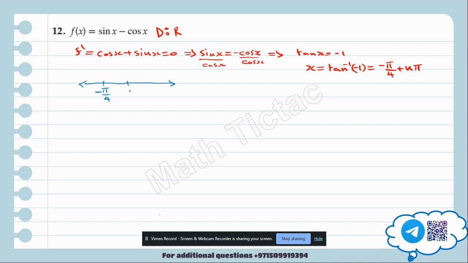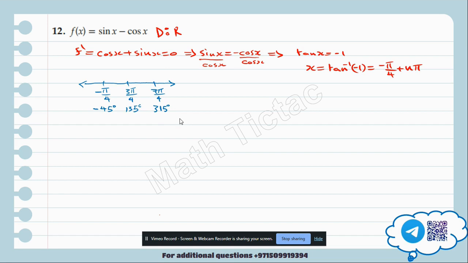So minus pi over 4 plus 1 pi, for example, is equal to 3 pi over 4, plus 1 pi, which is equal to 7 pi over 4, and so on. Okay, so in here we have this angle, which is 45 in negative. This is 135, and this is 315 in degrees, if you would like to calculate in degrees.